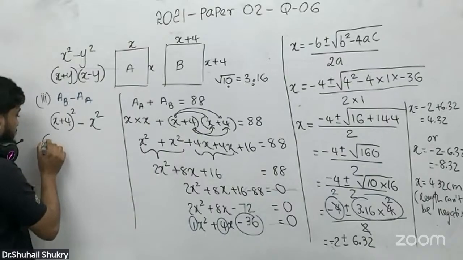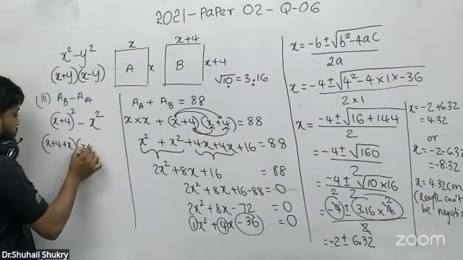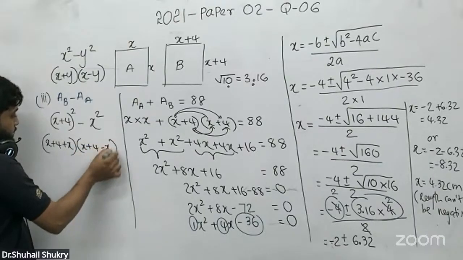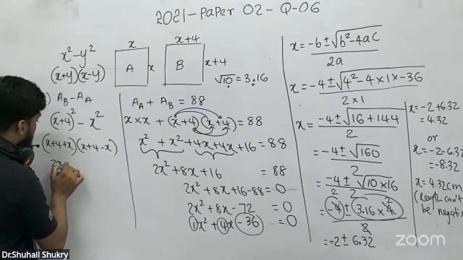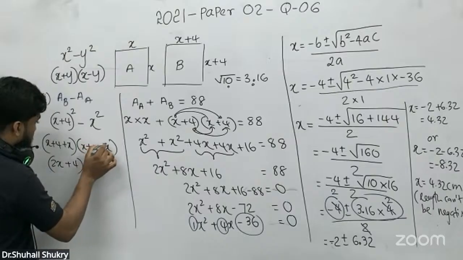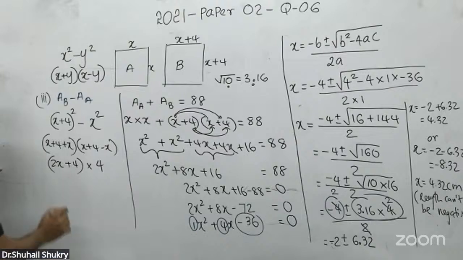Then what will happen? Plus 6 and plus 6 become 2x plus 4, and minus 6 and minus 6 become 4. Even I can factorize this.